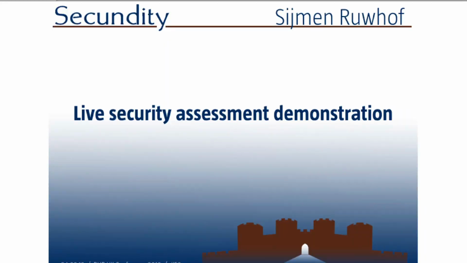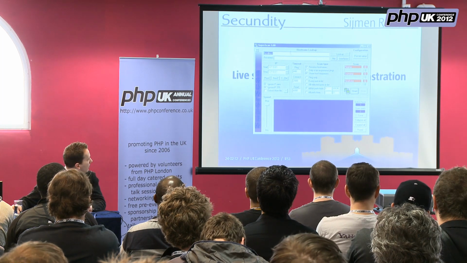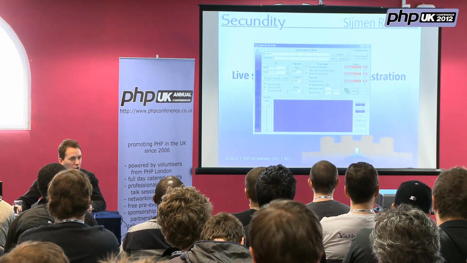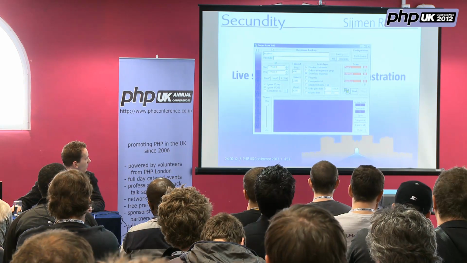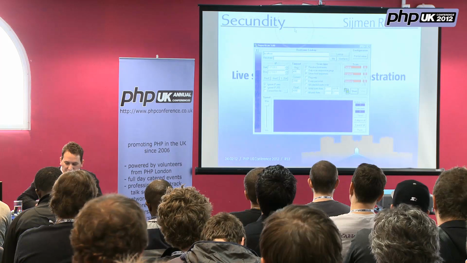So now I'm going to give a short demonstration of some tools I use when performing a security assessment. Our starting point will be localhost, and I'll do a short port scan. It's another scanner that I used, but not named in the presentation.